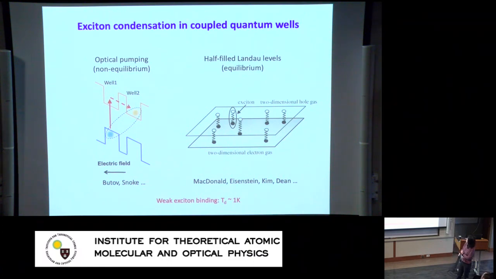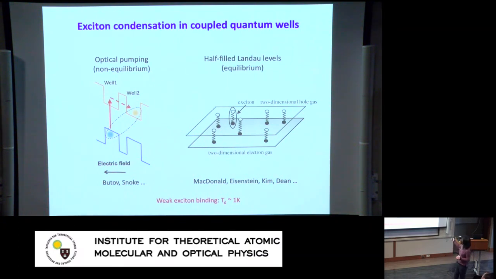The problem with this is that the exciton lifetime typically is relatively short. It's hard to reach full equilibrium, so it's not easy to study the ground state property of the system.